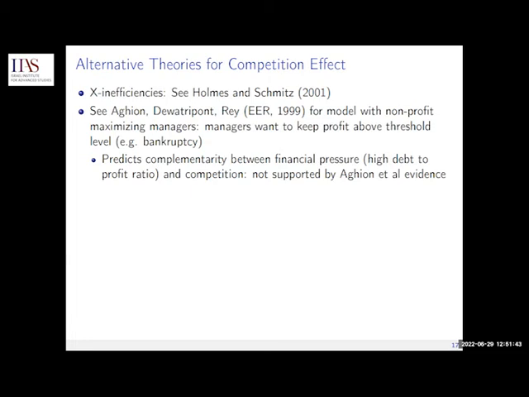completely settled. And then the other way of generating this is some versions of X inefficiency, something that says the owner of the firm is not maximizing profits, not at a first best.